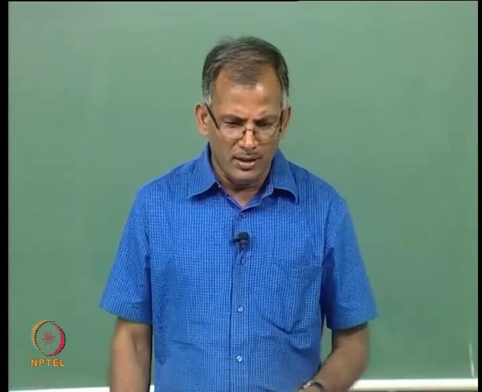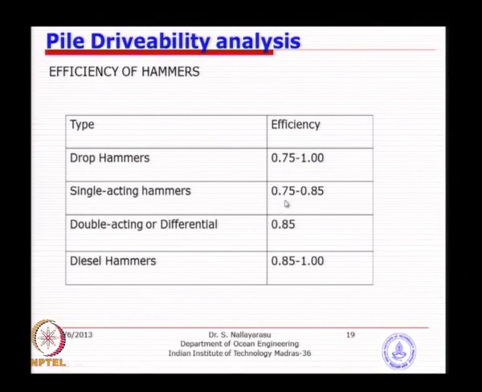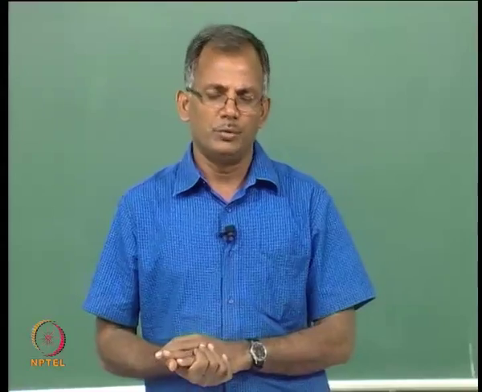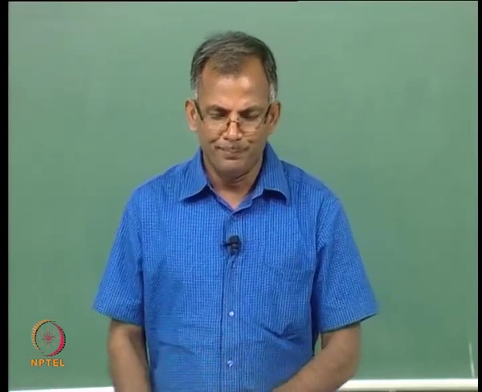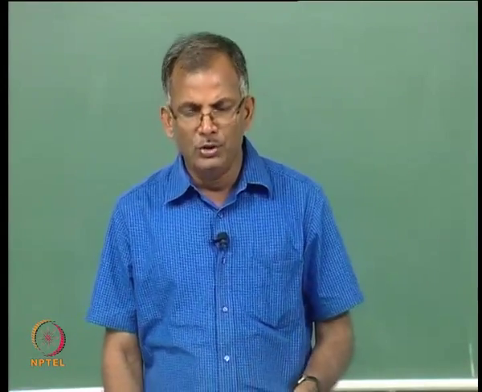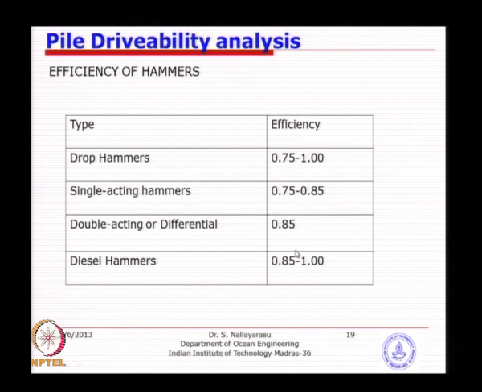Whereas you can see here mechanical drop hammers or diesel hammers in the range of 70 to not 100, definitely you will not be able to take it to 100. Many of these diesel systems over the age become substantially lower. In fact, some of the diesel hammers in use we use at even only 60% or 70%.